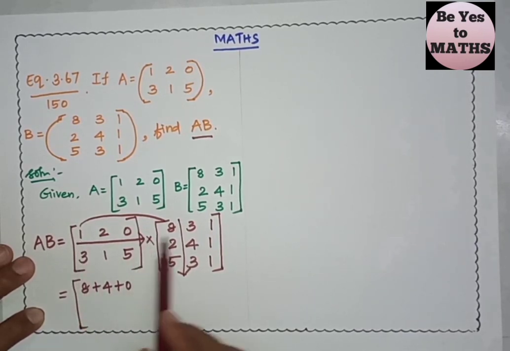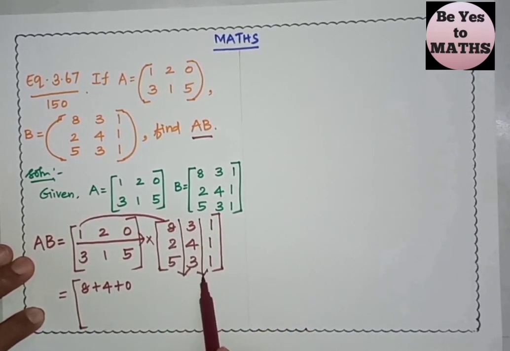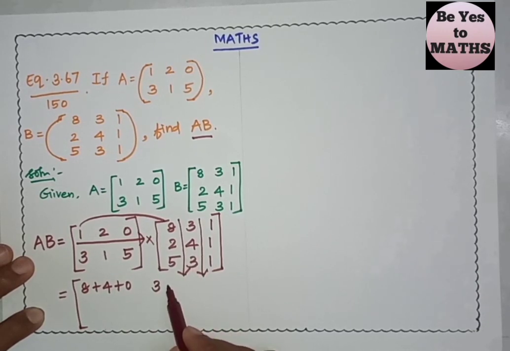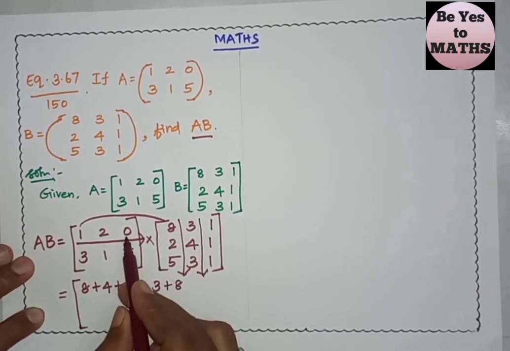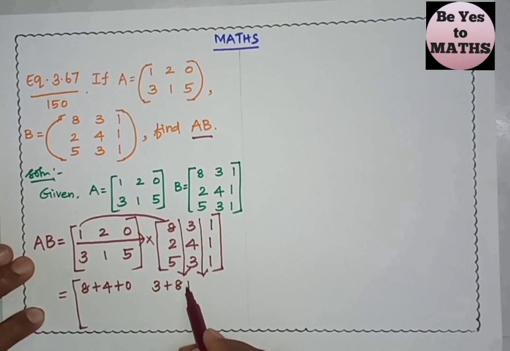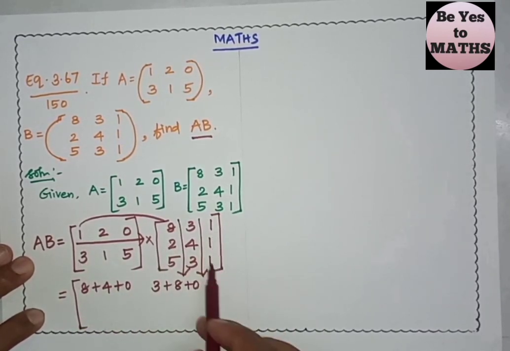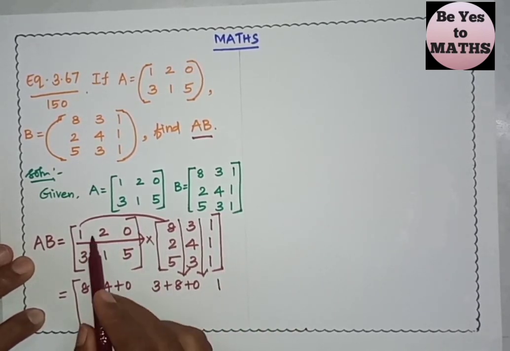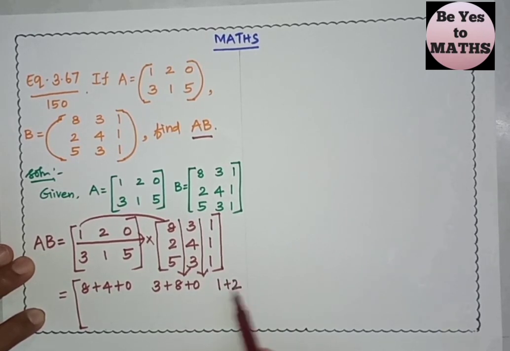Now first row with second column. 1 3s are 3, 2 4s are 8, 0 into 3, 0. Now first row with third column. 1 1s are 1, 2 1s are 2, 0 into 1, 0. The first row is over.